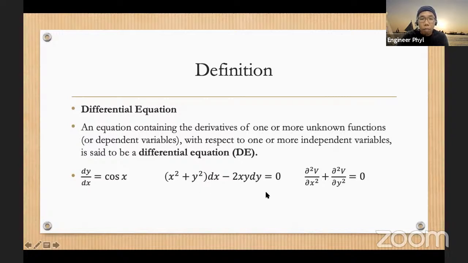The second example is x squared plus y squared times dx minus 2xy dy equals 0. As you can see, it contains differentials, so this is also considered a differential equation.